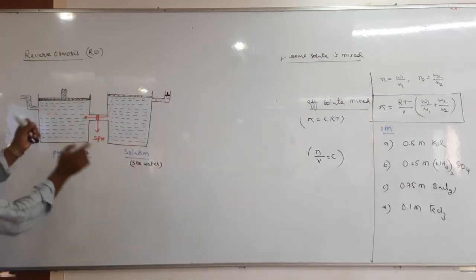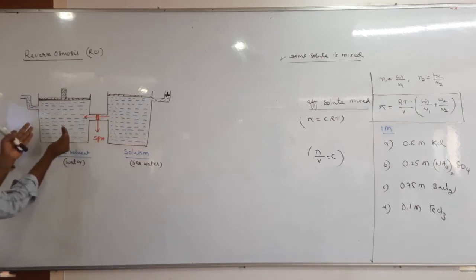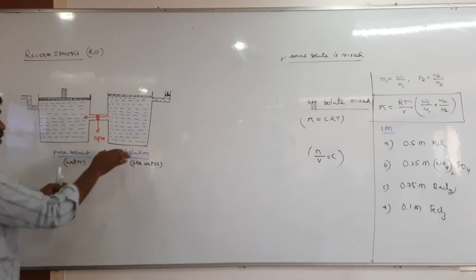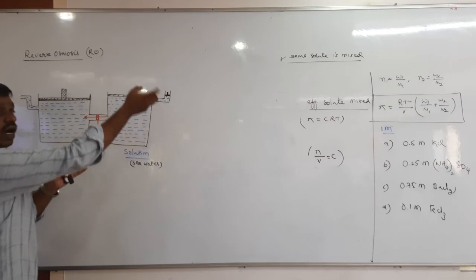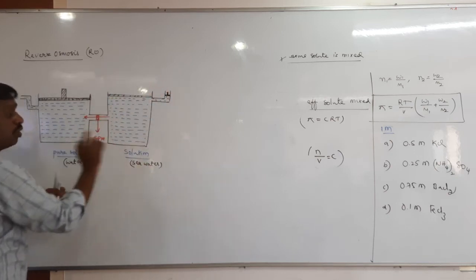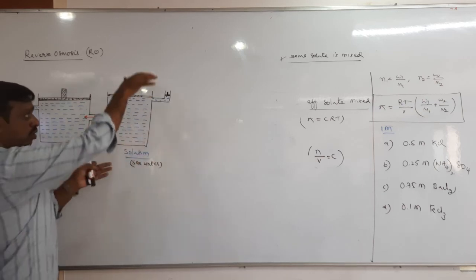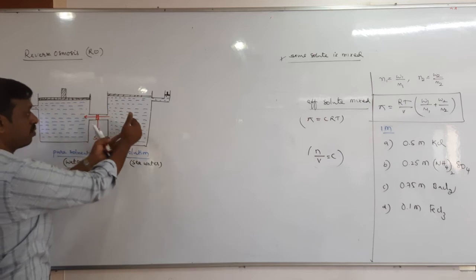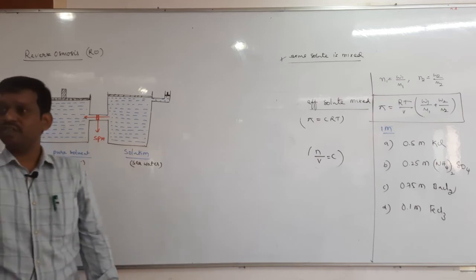The flow of solvent molecules from the solution compartment to the solvent compartment through the semi-permeable membrane by applying a pressure greater than the osmotic pressure on the solution compartment. It must be applied only on the solution compartment, so that solvent molecules can move from the solution compartment to the solvent compartment through the semi-permeable membrane, which is called reverse osmosis.